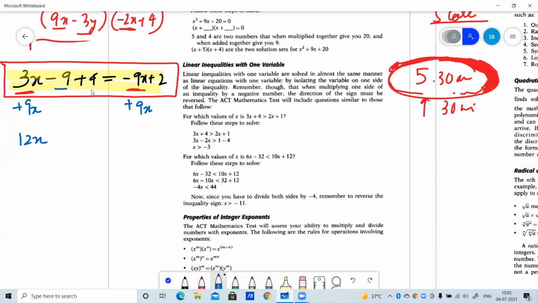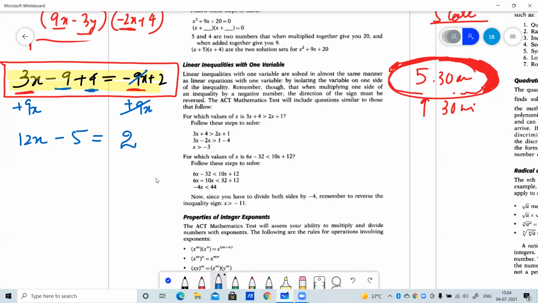And how much is negative 9 plus 4? Negative 5. There's no x here, so we'll write negative 5 only. Equals, negative 9x plus 9x is canceled, and you're left with 2.